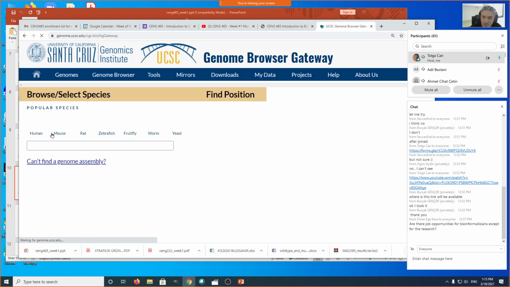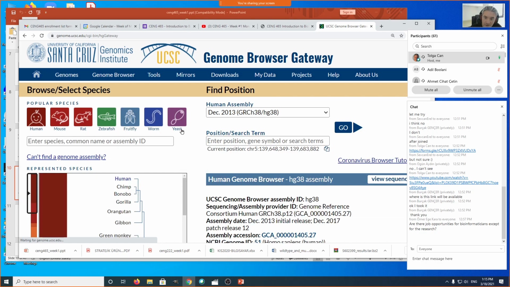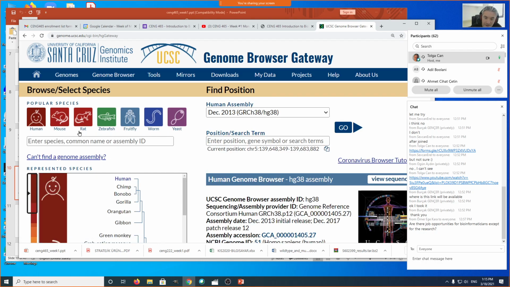And these are the mouse, rat, zebrafish, fruit fly, worm, yeast. These that you see here on the right are model organisms, which means that certain things that we study on these organisms are easier to study. You don't feel bad if you kill a fruit fly, especially worms, or maybe you may feel bad about killing rats, but it's definitely better than killing humans, right?